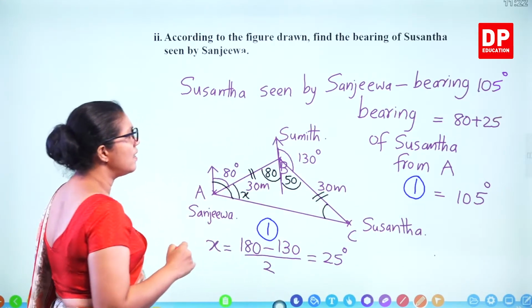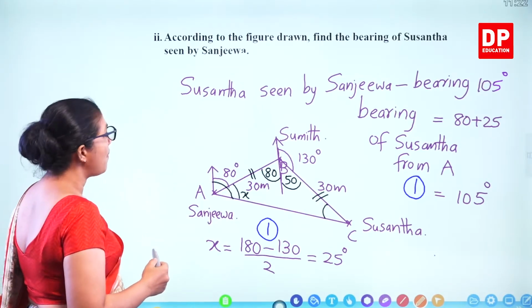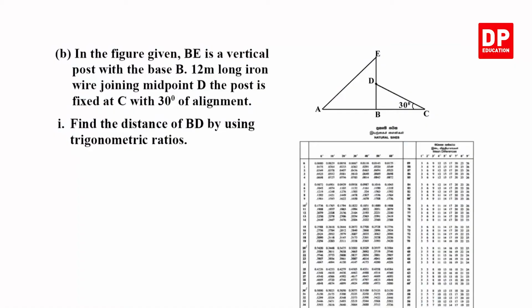So altogether 5 marks for part A. Now we'll look at part B. Part B is in the figure given.